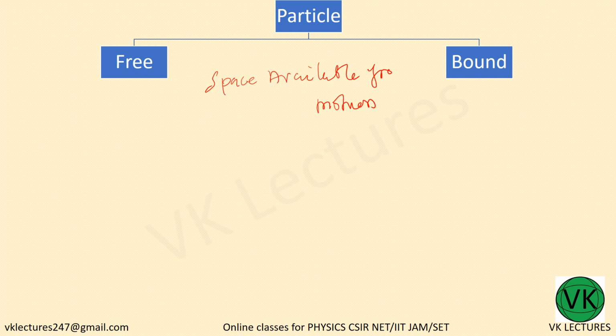To make this clear, I will give you an example. Assume that there is a room. The room dimension may be 3 meter by 4 meter, and you are placing an electron in the room. The dimension or the radius of this electron is around 10 to the power minus 18 meter.